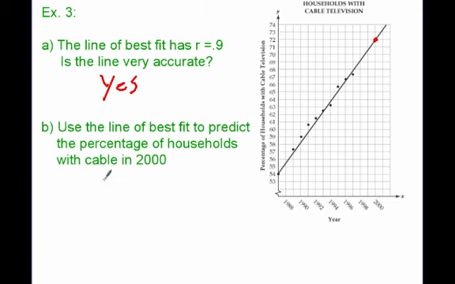It's at 72, so our prediction is that 72% of houses will have cable TV in 2000. So you can see how we decide whether a line is accurate. We kind of just eyeball it, but we can also use the correlation coefficient if we know that. And then we can use that line of best fit to predict values of information that we don't know. We just go to see where it falls on that line.